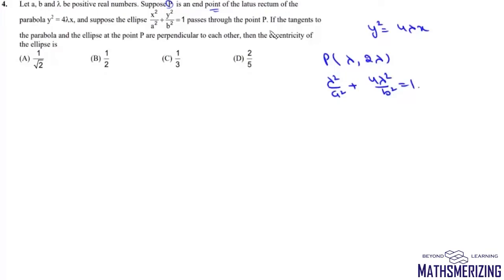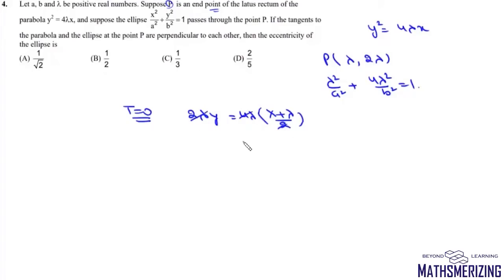Now it says the tangents to the parabola and ellipse at point P are perpendicular to each other. Now we know that the equation of tangent to the parabola at this given point P is given by T equals 0. So this equation will be 2 lambda y equals 4 lambda into x plus lambda by 2. So here 2 lambda will cancel.